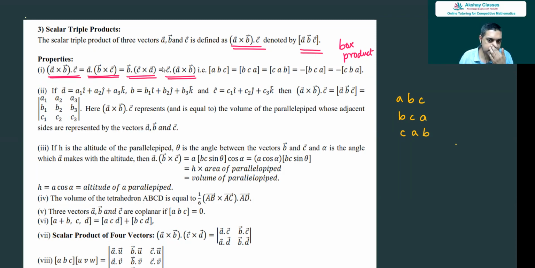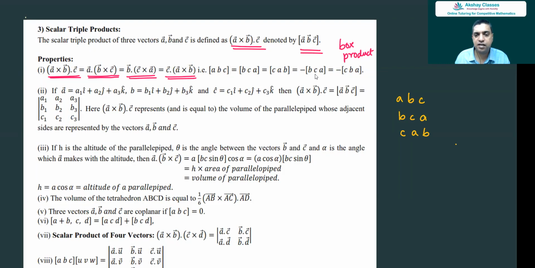As long as the cyclic order is maintained, the scalar triple product, which is a scalar, will have the same sign. ABC, BCA, CAB will have the same sign.